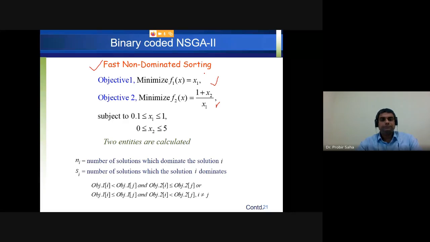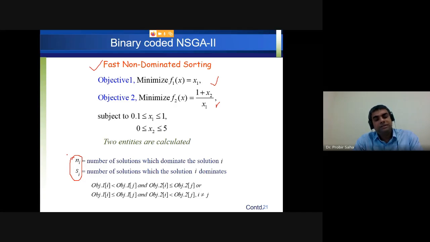How is it done? In the algorithm, we have to find out these two quantities. The first quantity, Ni, is known as the domination count. What is domination count? Suppose the initial solution size is 6. Now, out of 6, suppose there are 4 solutions which dominate solution i.